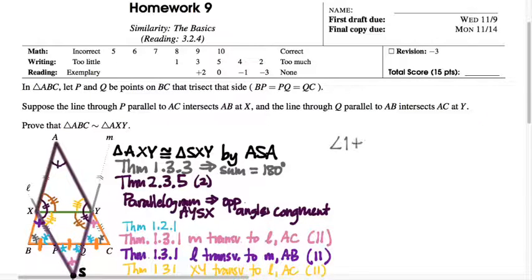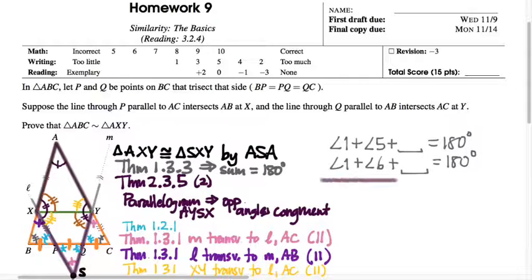We could write that out with algebra if we wanted to. Angle 1 plus angle 5 plus something is 180 degrees. And then also angle 1 plus angle 6 plus something is equal to 180 degrees. And all we would have to do is subtract the second equation from the first. The angle 1s are going to cancel, the 180s are going to cancel, and we find out angle 5 minus angle 6, or no, sorry, that the angles that fill in these blanks are going to cancel, which probably means it's not what I wanted.